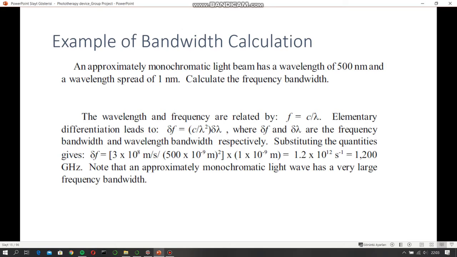The wavelength and frequency are related by f equals c divided by lambda. Elementary differentiation leads to the frequency spread. Result of the calculation: 1.200 GHz. Note that the approximately monochromatic light wave has a very large frequency bandwidth.